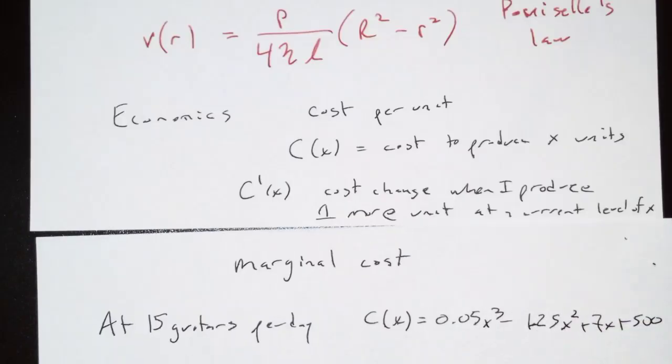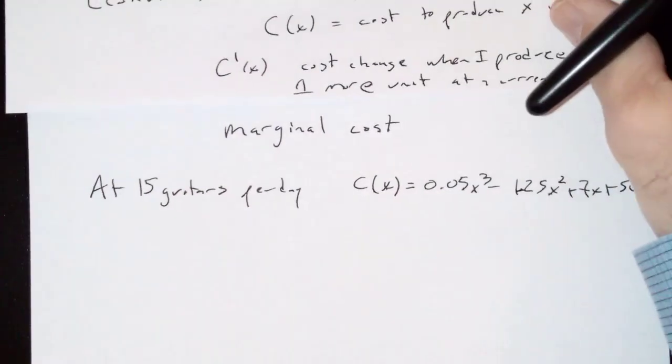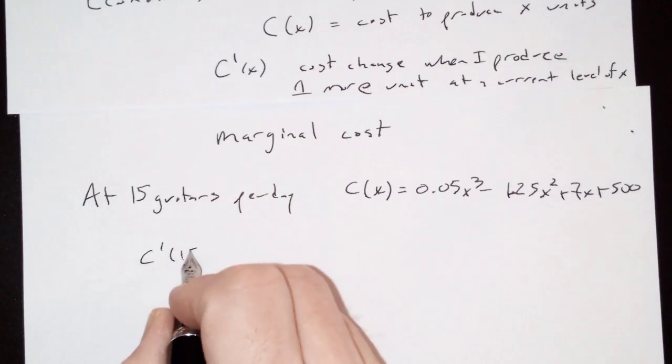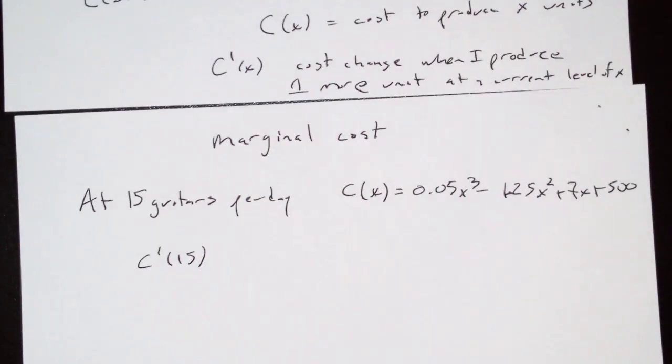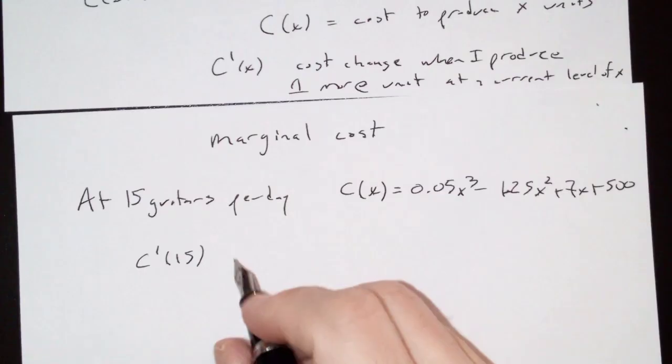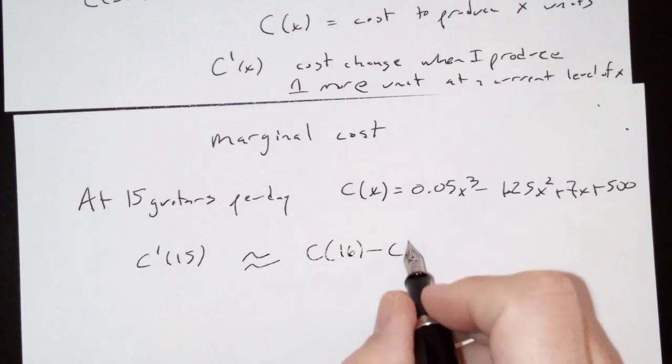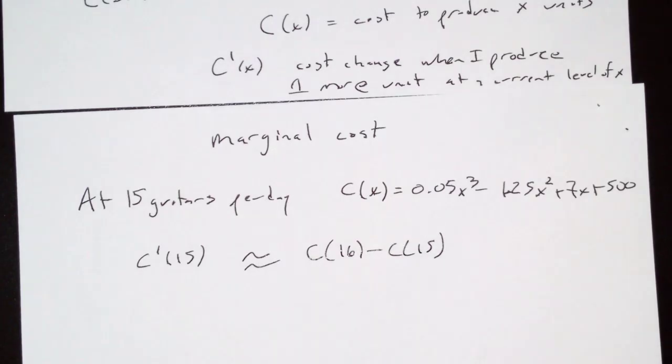here's my cost function. If I do C prime of 15, you can figure out how much my costs will go up. If I tell you, no, I need you guys to make one more guitar a day. This should be roughly equal to C of 16 minus C of 15.